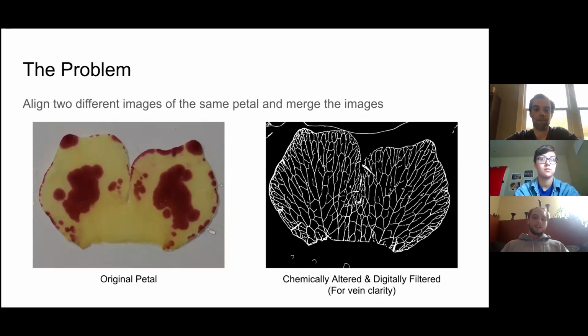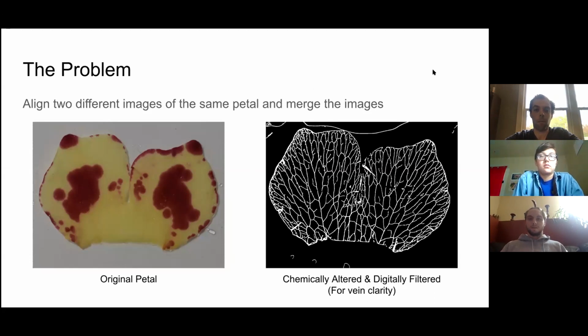And to do this, they take the original petal, they take an image of it, and then they perform some kind of chemical filtering to it to allow them to get a really nice crisp image of all these petal veins here. And so what they do at that point is they try and manually go in and overlay the vein image over the petal image.